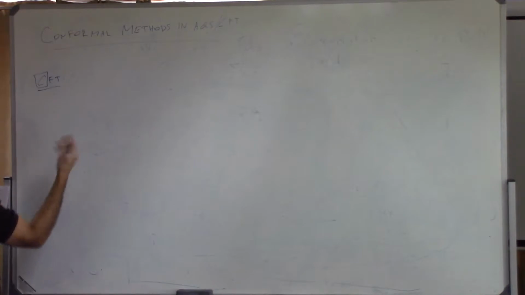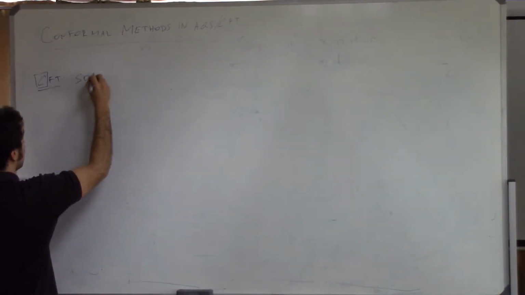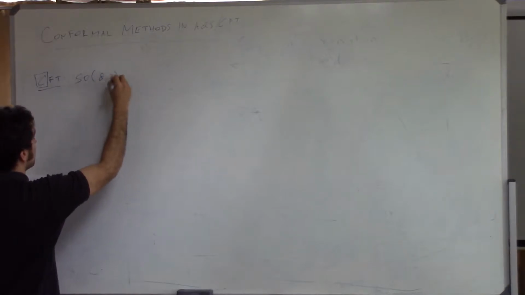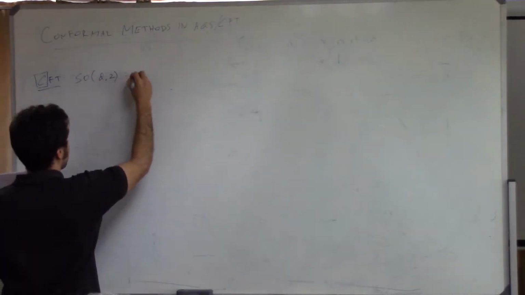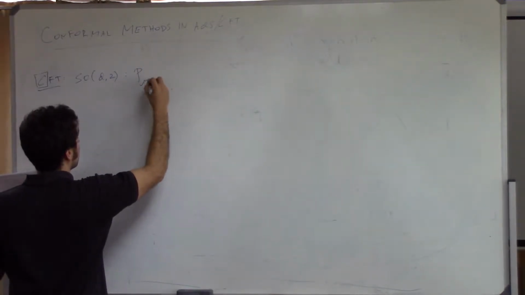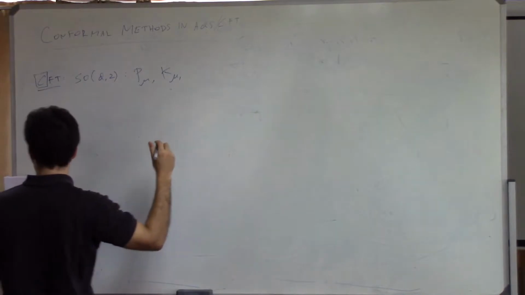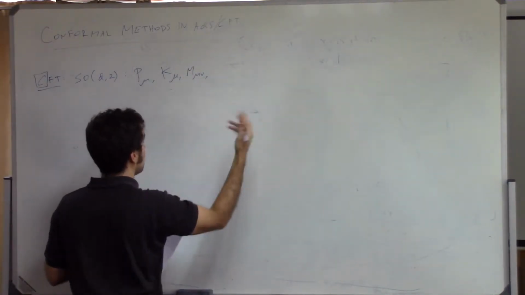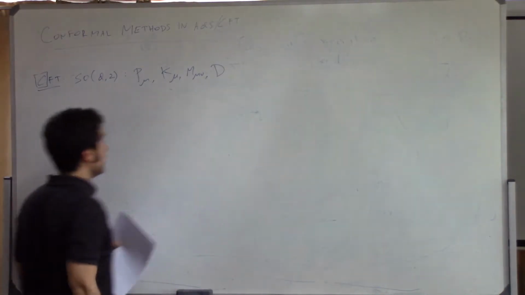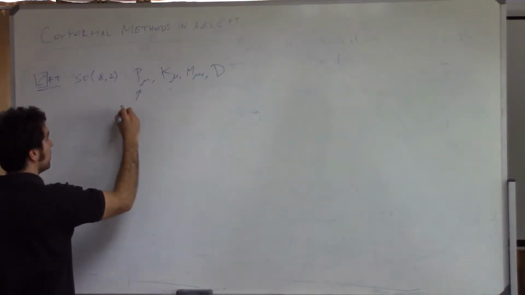So the C here stands for conformal, of course, and that means that the theory has an SO(d,2) global conformal symmetry. This is generated by momentum operators, special conformal generators, rotations and boosts, and a dilatation operator. So this here is like a raising operator.